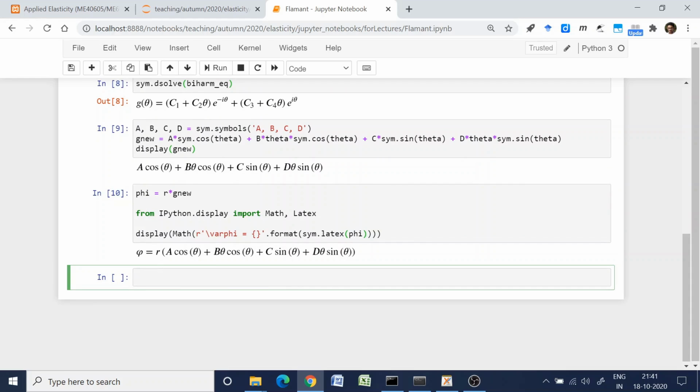Now, please note that there is an r present here. Okay, so now with this solution form for phi, I want to take a look at what the forms are for the various stress components. So let me see that quickly.